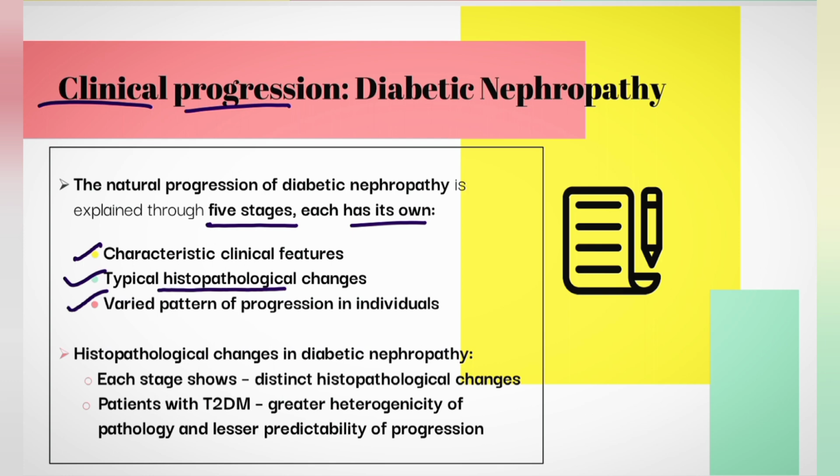The histopathological changes in each stage show distinct unique changes, and it is also seen that patients with type 2 diabetes mellitus have greater heterogeneity in their pathology, and the predictability is also lesser with respect to the progression.